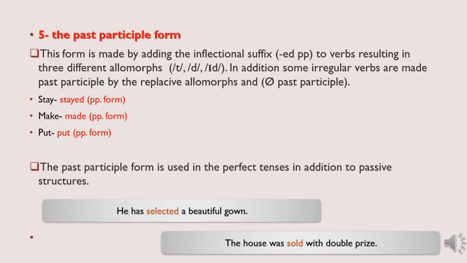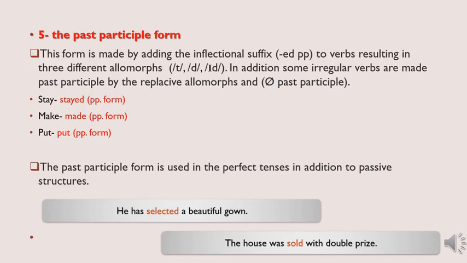The last form in the verb paradigm is the past participle form. This form is made by adding the inflectional suffix ed past participle to verbs. And just like the ed past, the result is going to be three different allomorphs: t, d, id. In addition, some irregular verbs are made past participle by the replacive allomorphs and zero past participle. For example, stay, stayed.